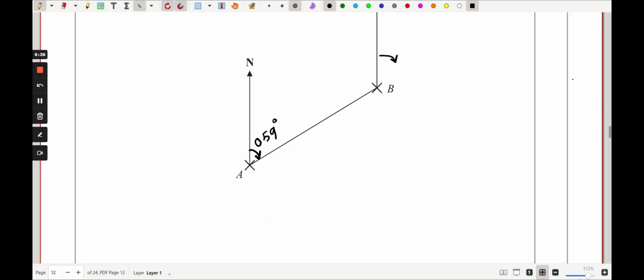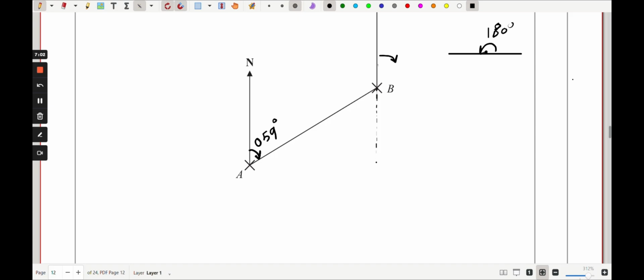Now we know that angles on a straight line add up to 180 degrees, so we can extend this line to make it a straight line, and it's 180 degrees, but the point C is at 160 degrees.